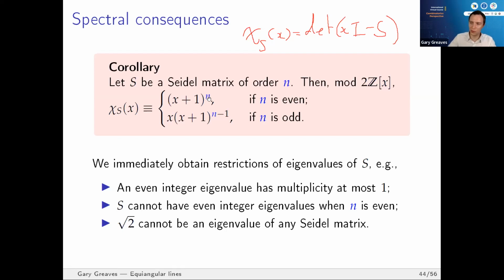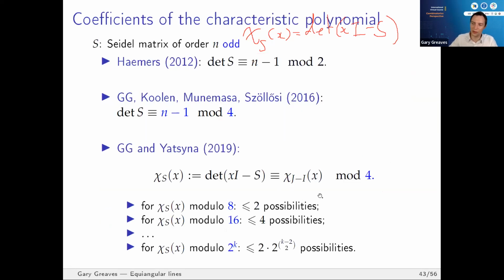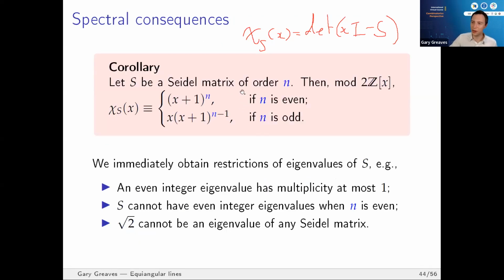This is just using the characteristic polynomial of J minus I, the complete graph, essentially: the all ones matrix minus the identity matrix. So it's either congruent to this one or this one.